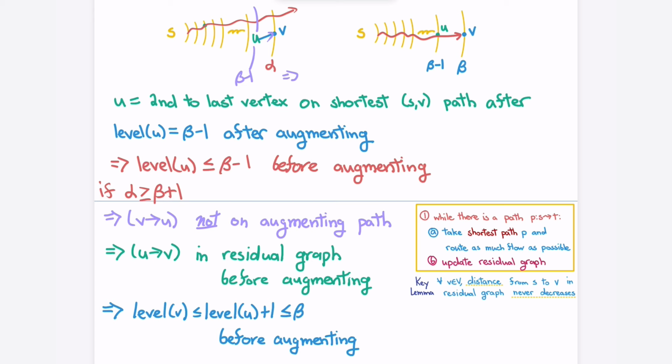Yeah, so we assume by contradiction that alpha is greater than or equal to beta plus 1. If we assume this were true, that would lead to a contradiction, so this cannot be true. That gives us alpha is less than or equal to beta.